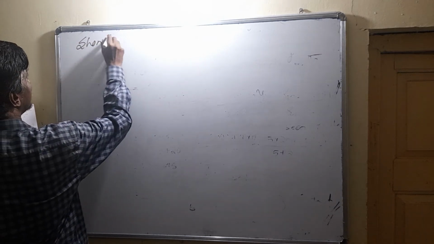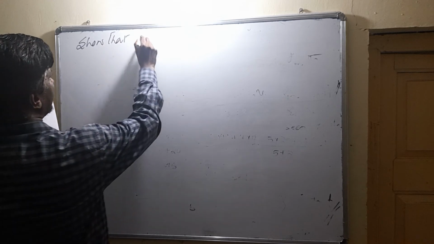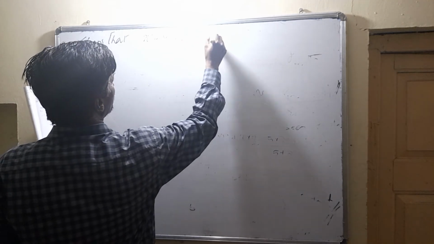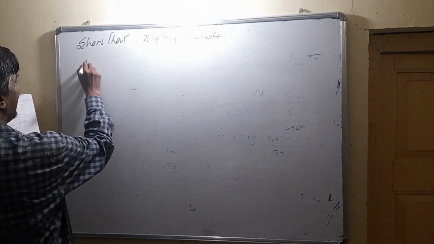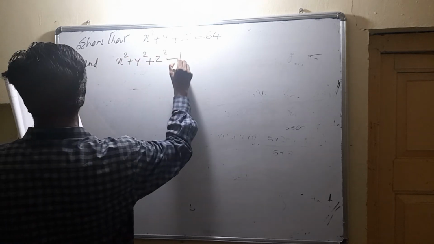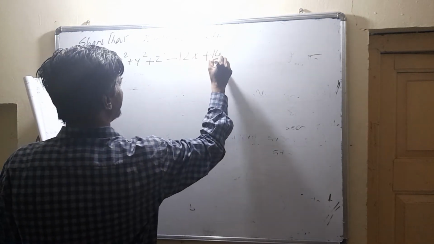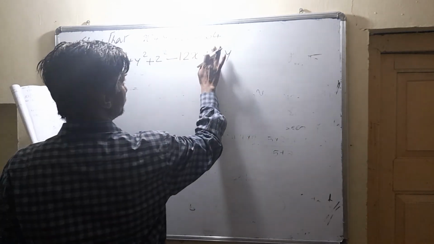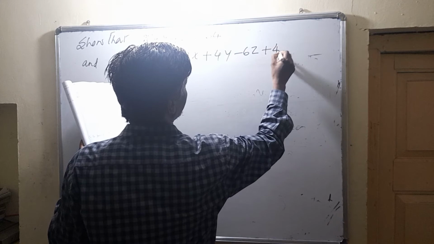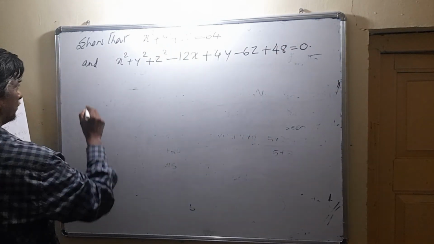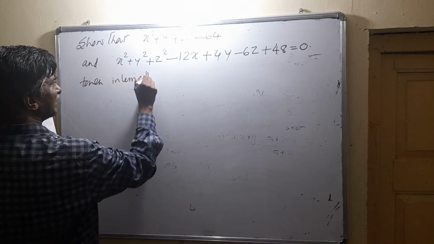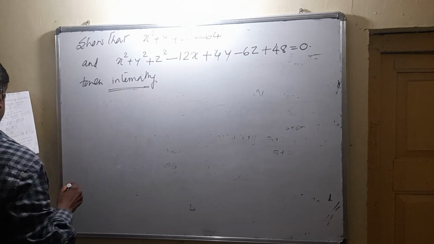Show that x square plus y square plus z square equal to 64 and x square plus y square plus z square minus 12x plus 4y minus 6z plus 48 equal to 0 touch internally. This is very important. Internally.